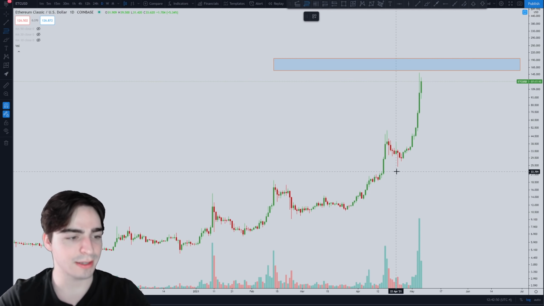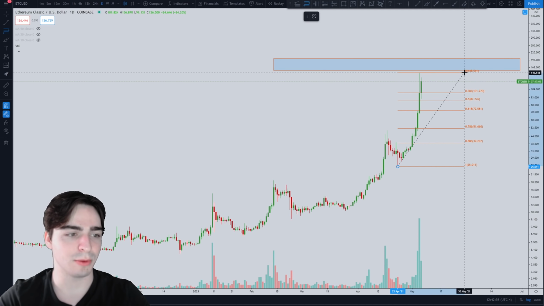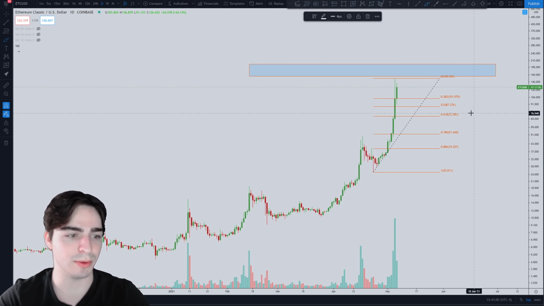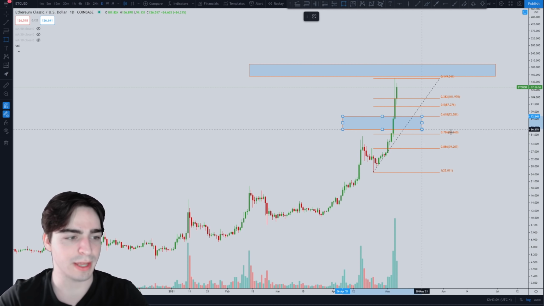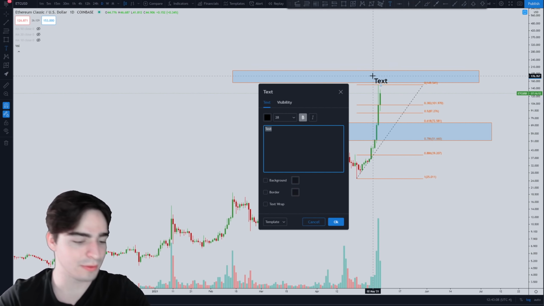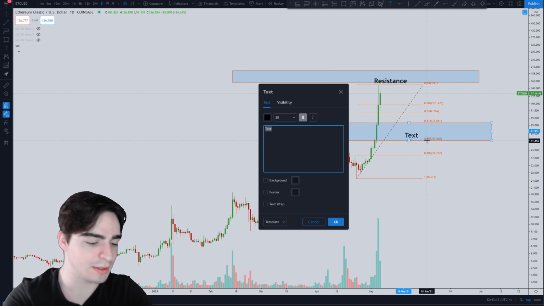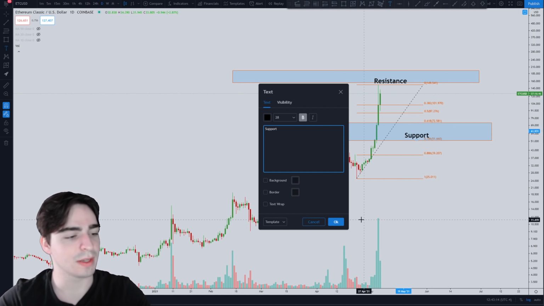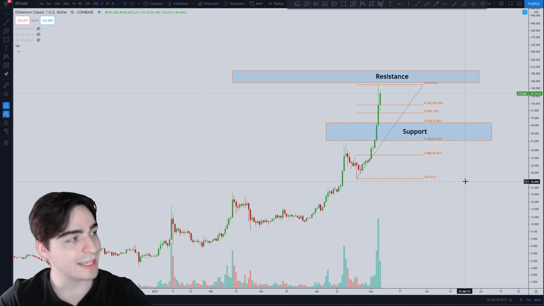We think that we're going to get a top out between 154 and 190, and if that does happen, then we're likely to go down to the 61.8 and 78.6 zone here. So all of that analysis brings us to one conclusion: resistance and support. Okay, so sell zone basically, buy zone. All right, so that is Ethereum Classic.